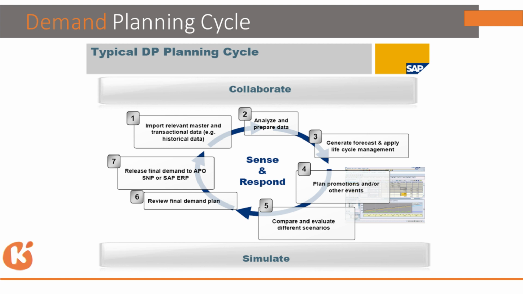As I told yesterday, master data is nothing but, for example, product, or you can say material, or plant, customer, vendor, distribution center, or sales organization. All these things we can call master data, and transactional data is what represents the quantity.